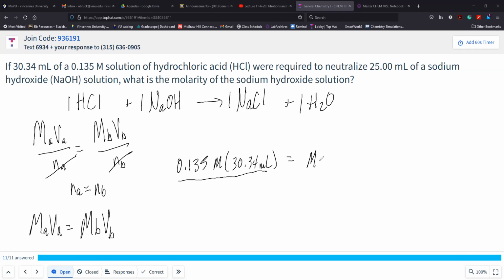And we don't know the molarity of the base, but we know that we used 25 milliliters of it. So what do I need to do?